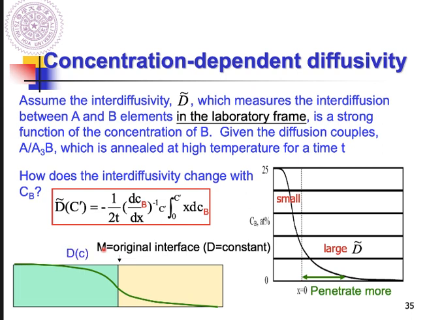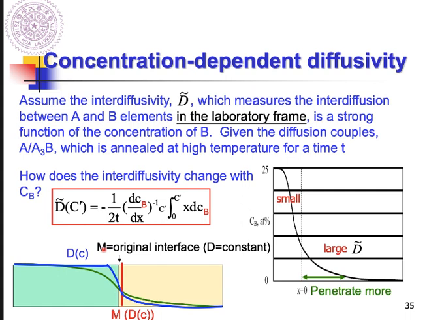However, when the diffusivity changes with concentration, as shown like this, then when you plot the concentration profile, you can observe an asymmetric concentration profile. Under this situation, we can observe the Matano interface shift toward the right-hand side.